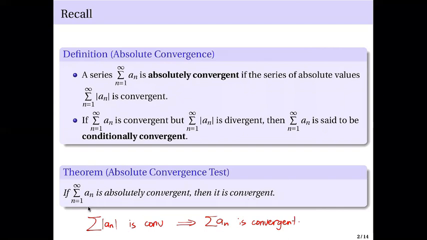So we can look at it this way. The sum of the absolute values of a_n is convergent. This implies that the sum of a_n is also convergent. So every series that is absolutely convergent is also convergent.